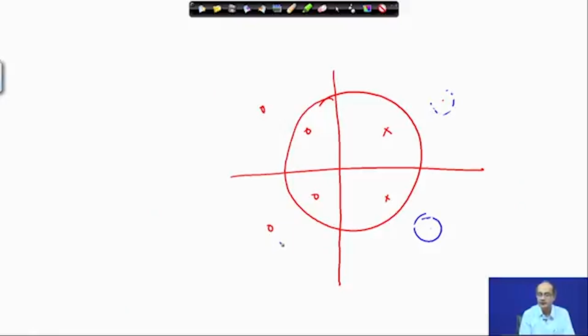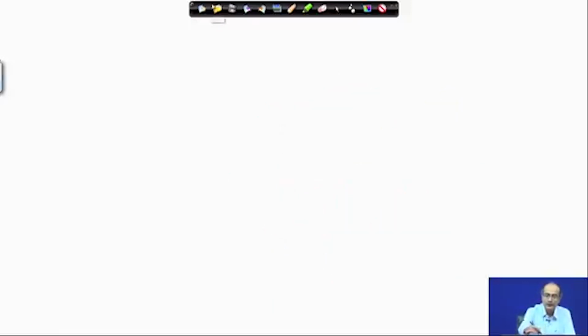Non-minimum phase signal means the signal energy would have more spread. That is the simple way we can look at the thing.